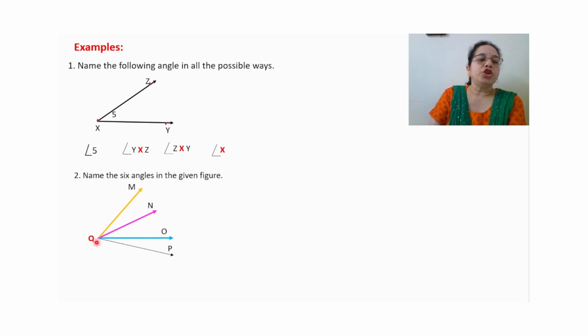So MQ and the next one is N, now MQ and the next letter is O, now MQ and the next one is P. Now keep the pink ray in your mind: NQO, NQP. Now with this blue ray, QOP. So these are the 6 different angles.